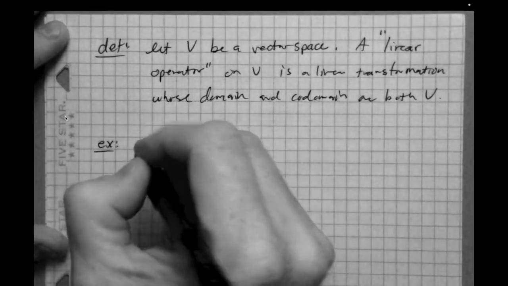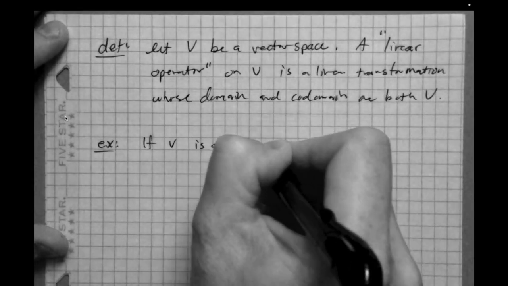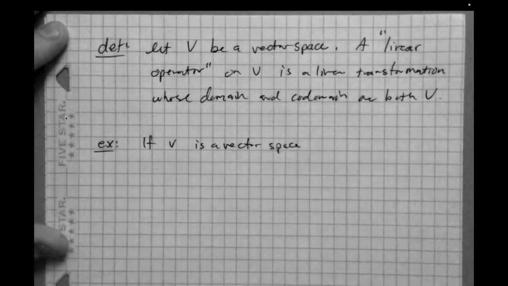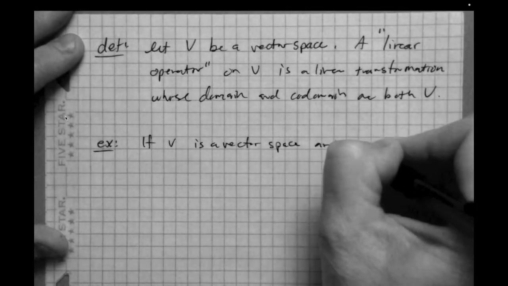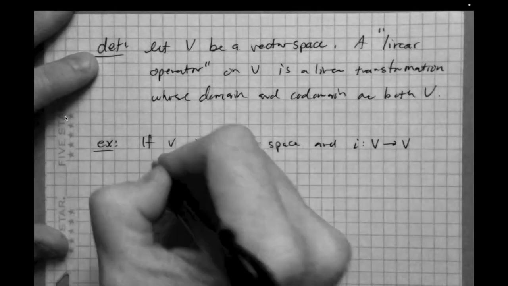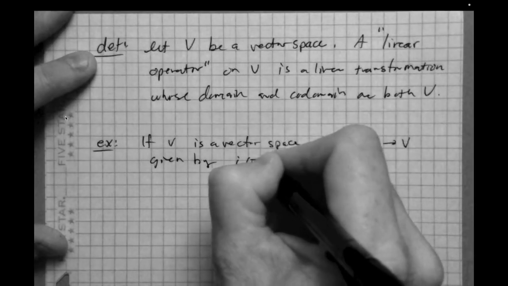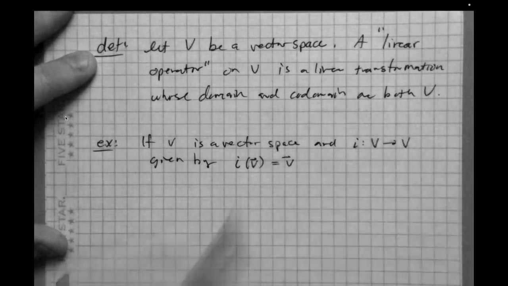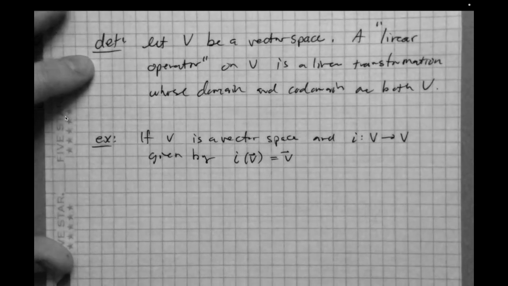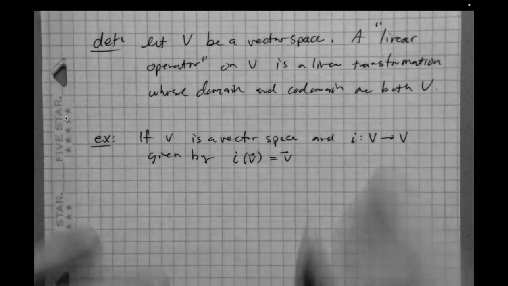If V is a vector space and I is the mapping from V to V given by I of v equals v, then this is what we call the identity linear operator.